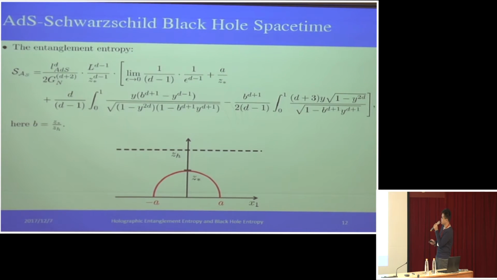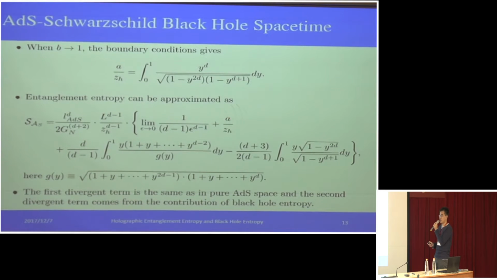Now we look at an extreme limit, when B equals 1, where our turning point touches the horizon. This tells us that when z_star goes to z_h, this term will also be a divergence term. So we have this divergence term and this divergence term, and then these two finite terms.